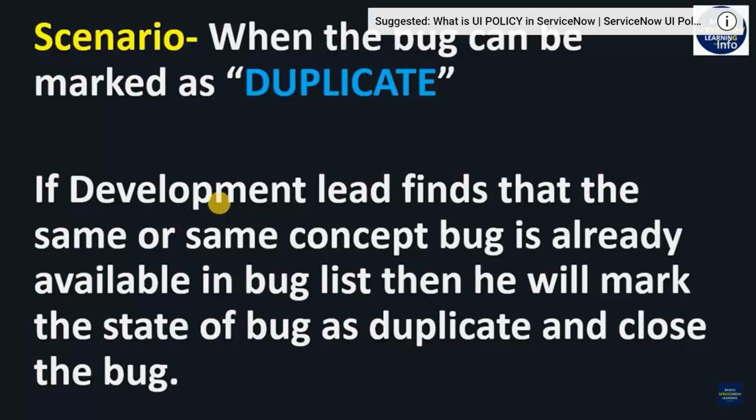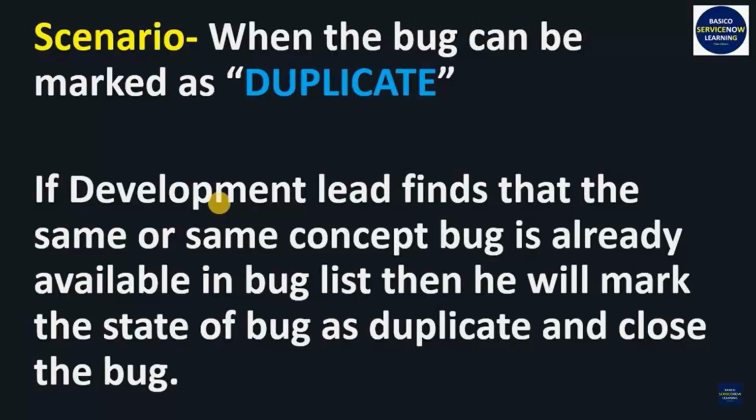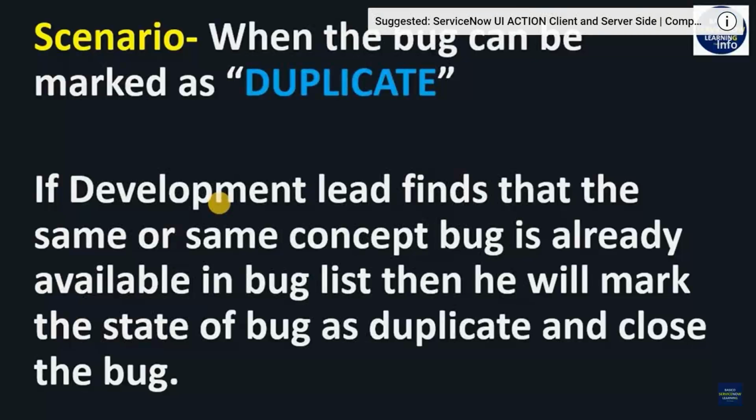The new scenario is duplicate. When can the bug be marked as duplicate? If the development team lead finds that the same or the same concept bug is already available in the bug list or in the bug reporting tool, then he will mark the state of the bug as duplicate and close the bug.